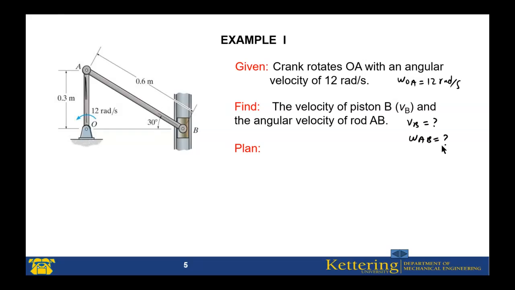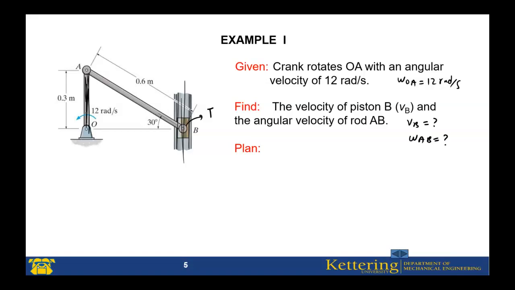What's the plan for this type of problem? If you disassemble this mechanism, you will see there are three parts: one slider, one crank, one rod. The slider or the piston, B, is just moving up and down. This one has a translational motion.